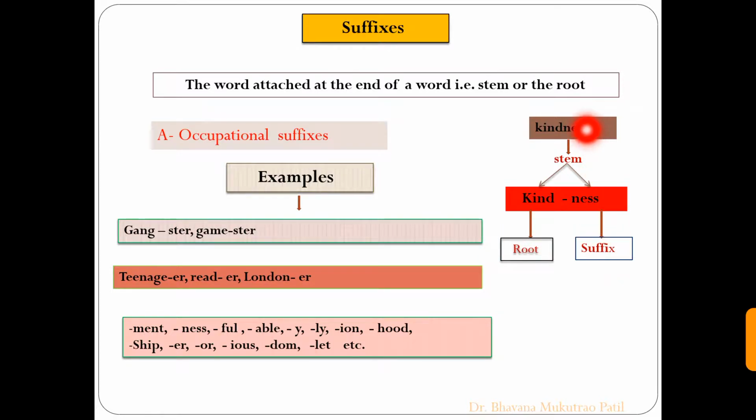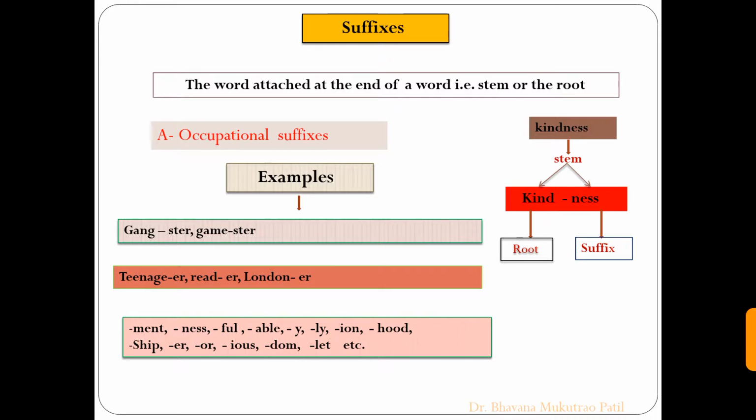Suffix means what we add at the end of the word, at the end of the free morpheme. So suffixes are attached at the end of the word, that is the stem or root. So in this way affixes have three types: prefix, infix and suffix. Prefix and suffix are the main types of affix.